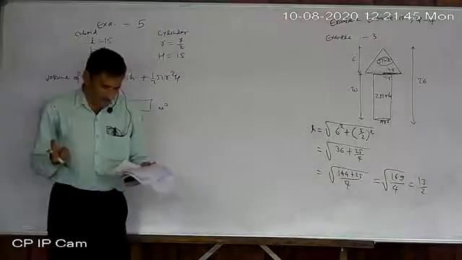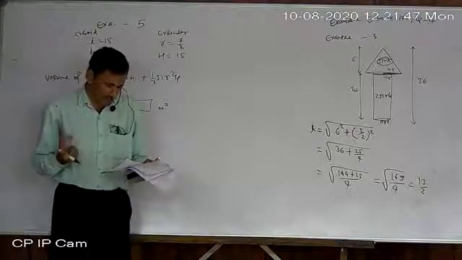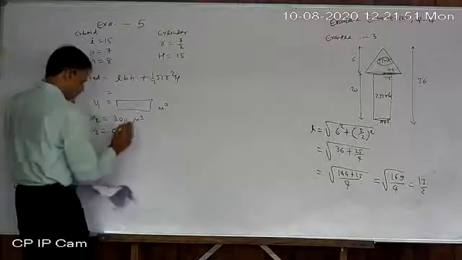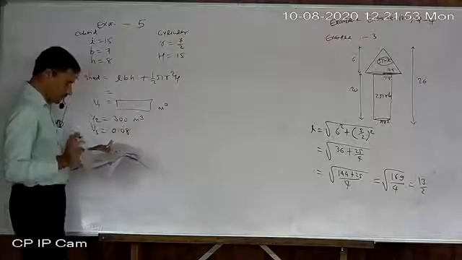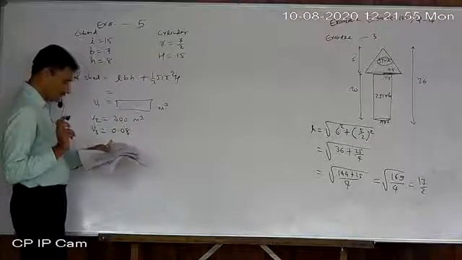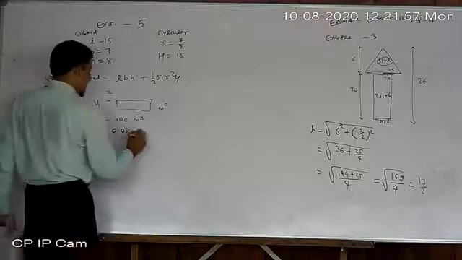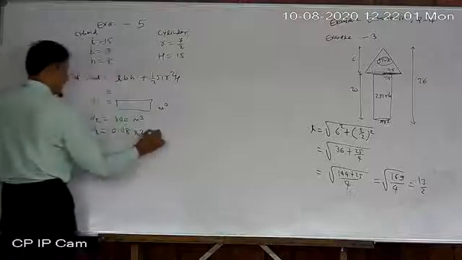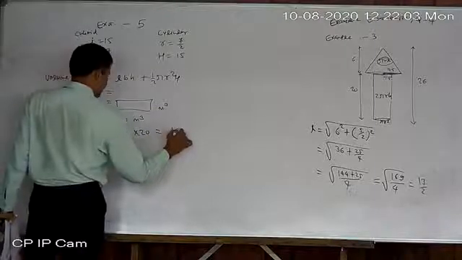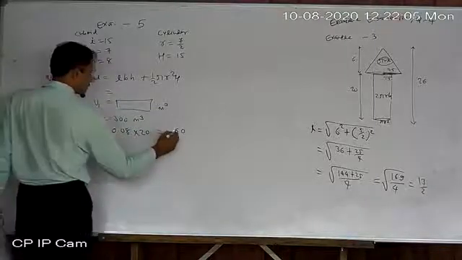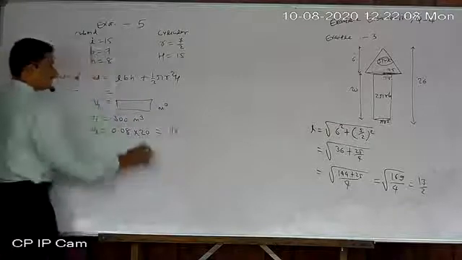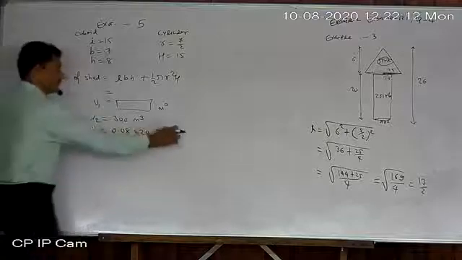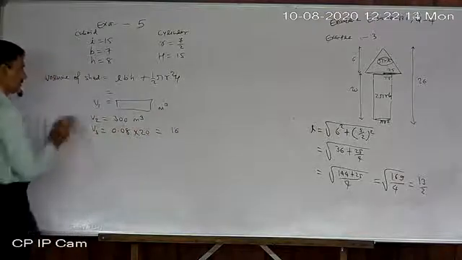So many workers are there, and each worker occupies 0.08 meter cube. There are 20 workers, so it will be 1.6 or 1.60, whatever you say. No need to write the extra 0, it is the same.